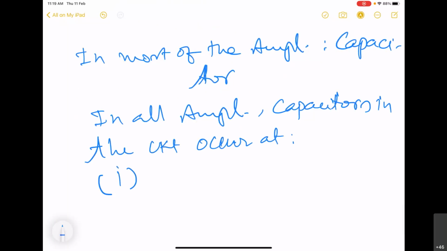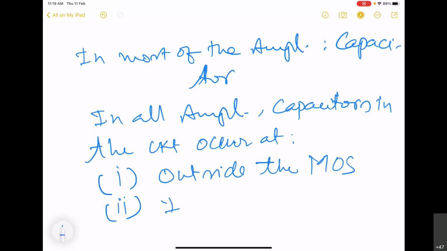First is in the circuit itself, that means outside the MOS that are used in the circuit, and second is inside the MOS.